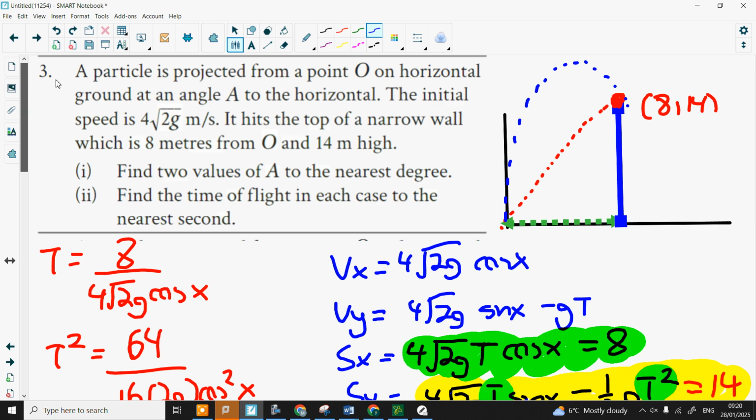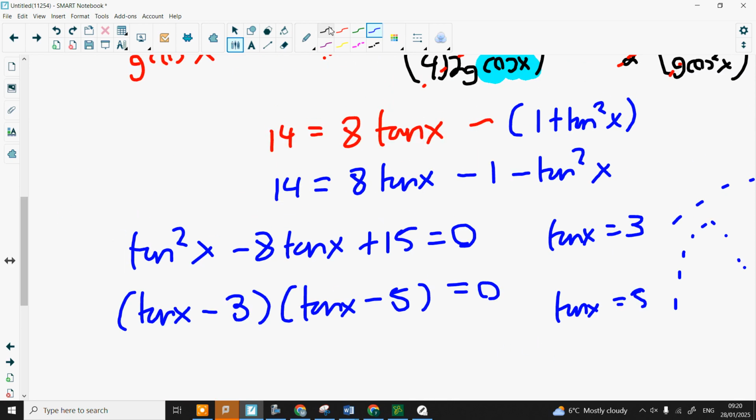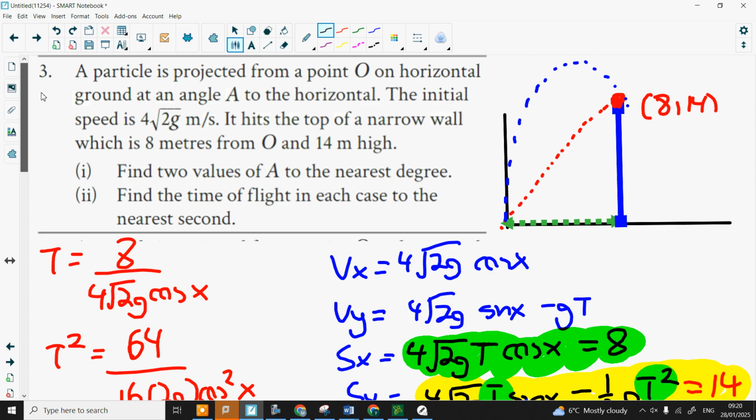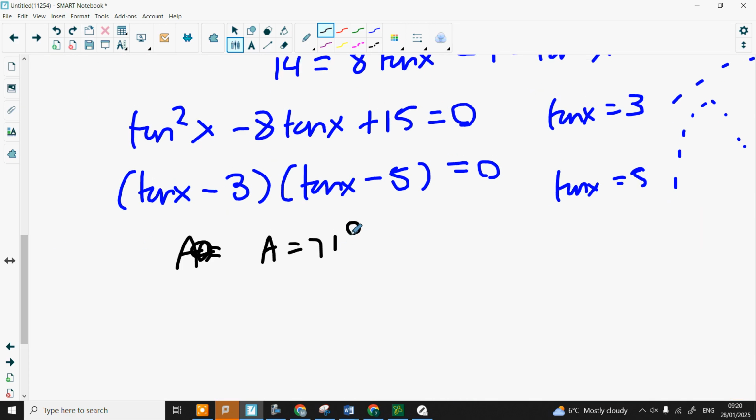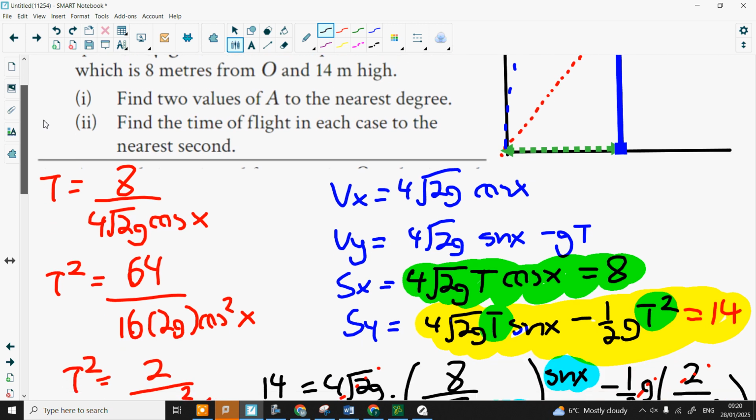So we want the angles. Yeah, you tan inverse both down for me. So tan inverse 3 is 71 degrees to the nearest degree, yeah? And then the other one? Yeah, they're both actually reasonably steep, aren't they? Okay. Any other ones for me?